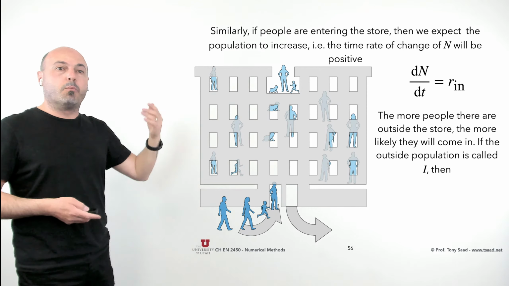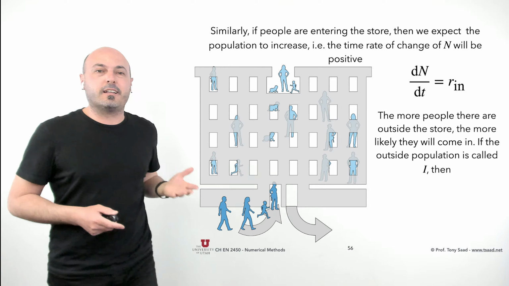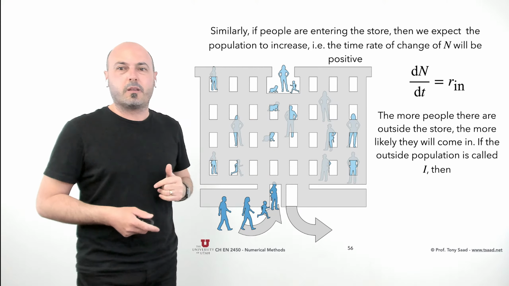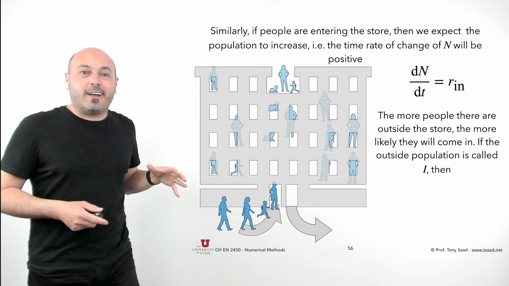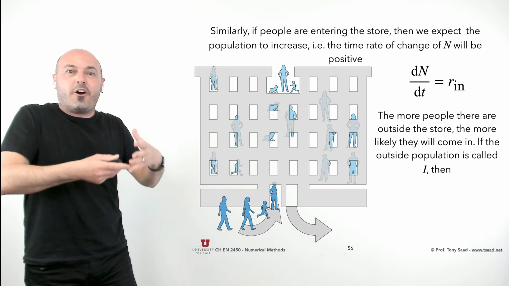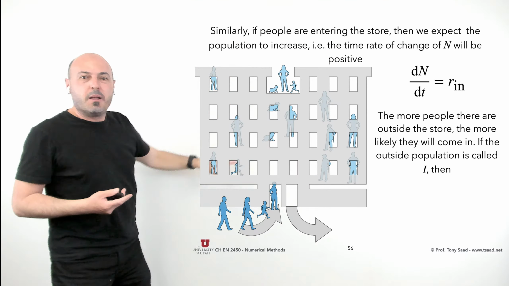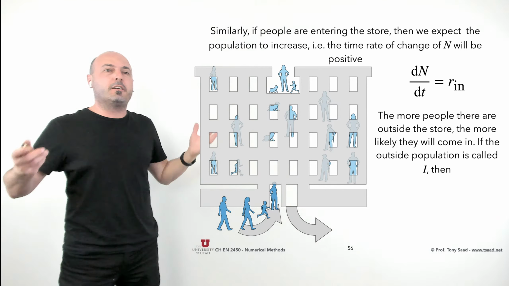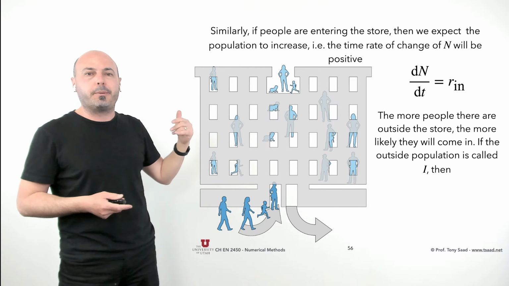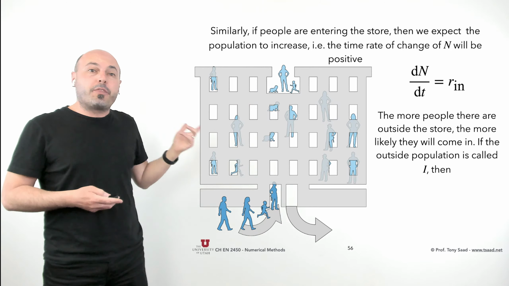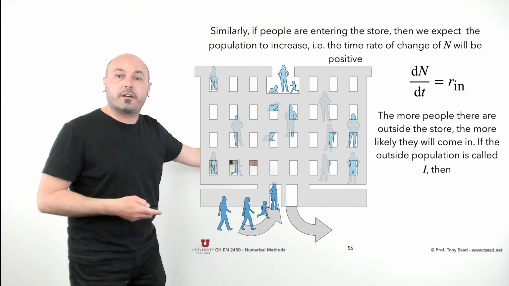Now, similarly, the more people that are outside, the more likely that they're going to step into the store. But the people outside are not N, they are a different population, because our compartment is the department store. Let's call that population I, stepping into the store. The larger the number of people outside, the more likely they're going to step in.